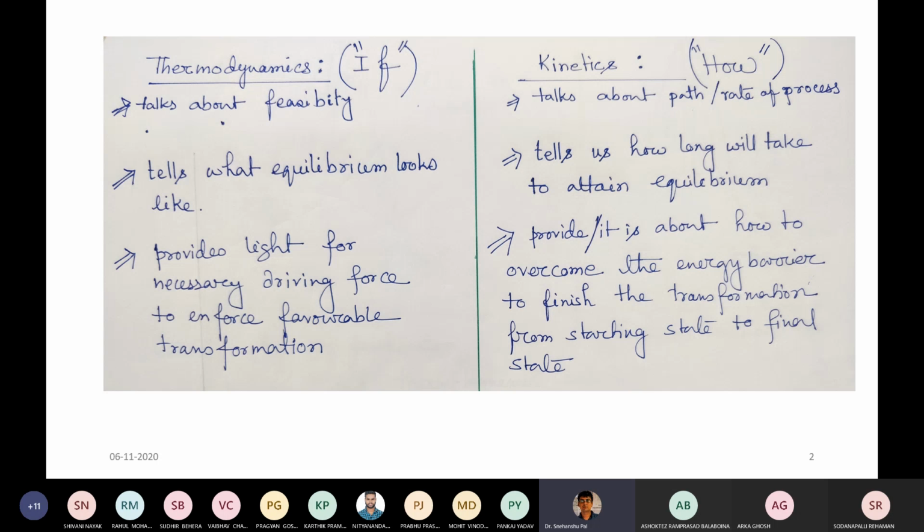Actually, when an atom moves in an environment, and if you get the scenario, a lot of other neighboring atoms are there, and then what is going to happen? Certain bonds will break and certain new bonds will form. So you can tell that this kind of transformation is associated with the bond breaking and new bond formation process.